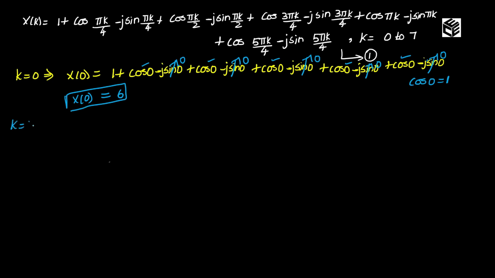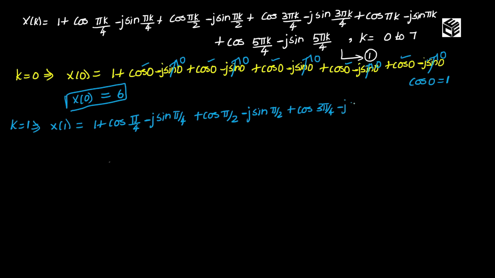Now I am going to apply the value of k as 1 in equation 1. My expression will become 1 plus cos pi by 4 minus j sin pi by 4 plus cos pi by 2 minus j sin pi by 2 plus cos 3 pi by 4 minus j sin 3 pi by 4 plus cos pi minus j sin pi plus cos 5 pi by 4 minus j sin 5 pi by 4.